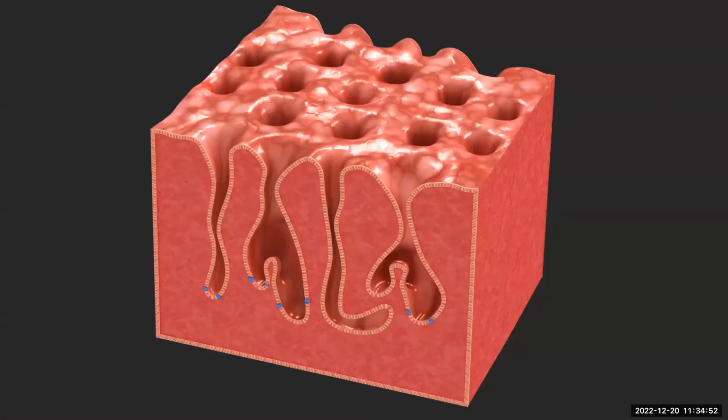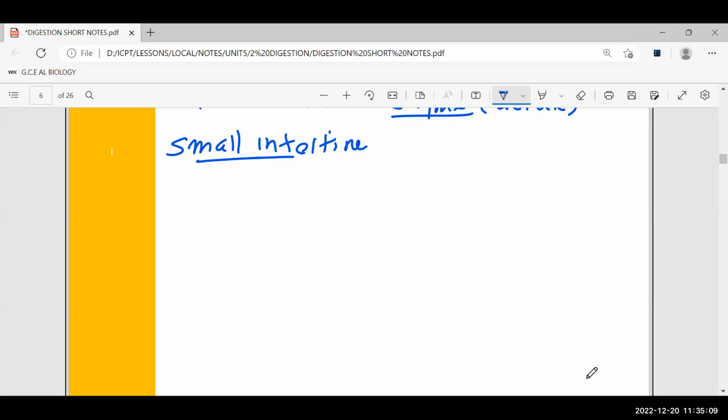Oh, share screen. When it comes to the small intestine, we could find the opposite of this. So how does it look then? It's not going down, it's going up. Right?